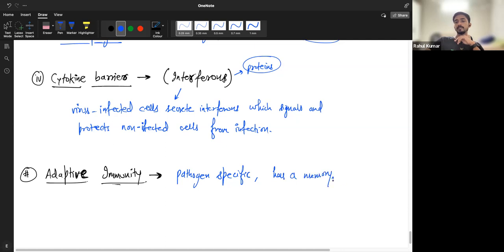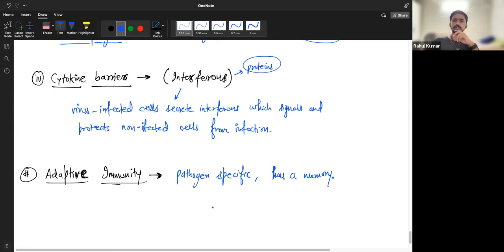By memory, I mean after one encounter, they recognize the pathogen and they can remember the pathogen. So that's called molecular memory.